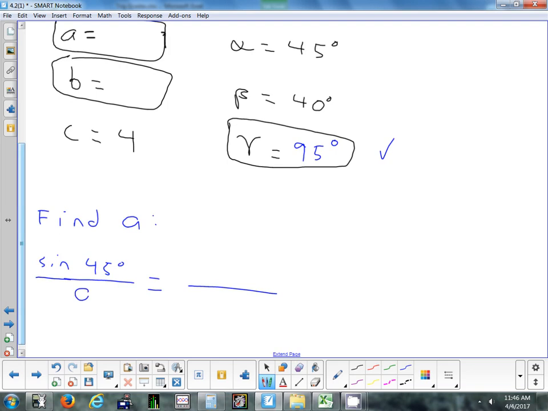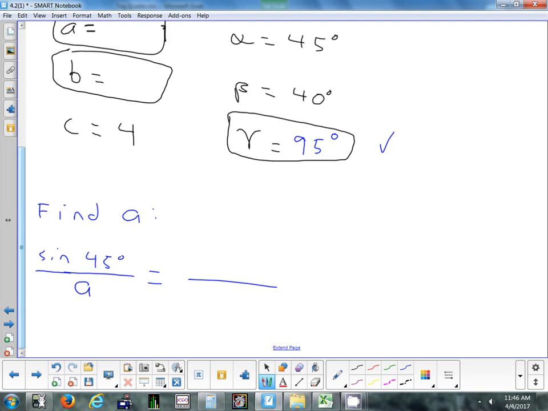A. Now we put our letter. Since he put the letter here, everything else we put has to be numbers. No more letters. So Michael, what would go on top on the right-hand side? Sine 95 over 4. Yep, sine 95 over 4. Perfect.